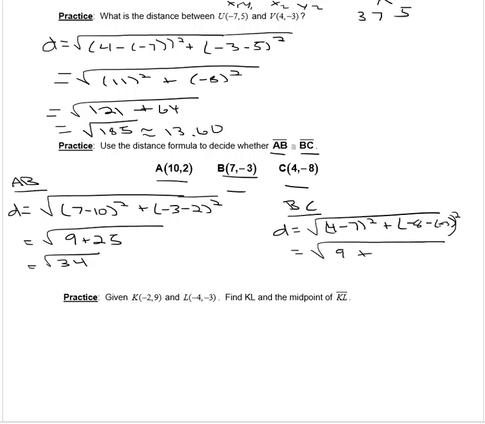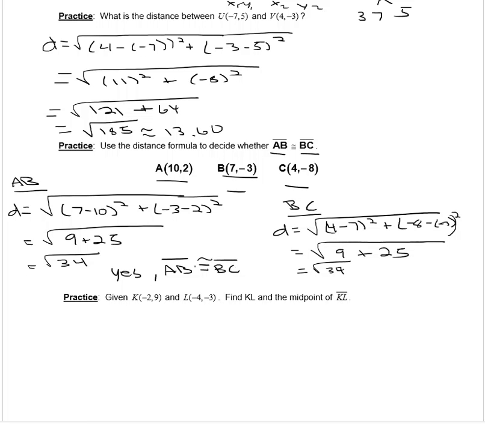Negative 8 minus negative 3 is negative 5. Negative 5 squared is 25. And sure enough, it looks like the square root of 34 is the distance of BC. So because the distance of AB is square root of 34, and because the distance of BC is square root of 34, we can say that AB and BC are congruent. So we'll say yes, segment AB is congruent to segment BC.